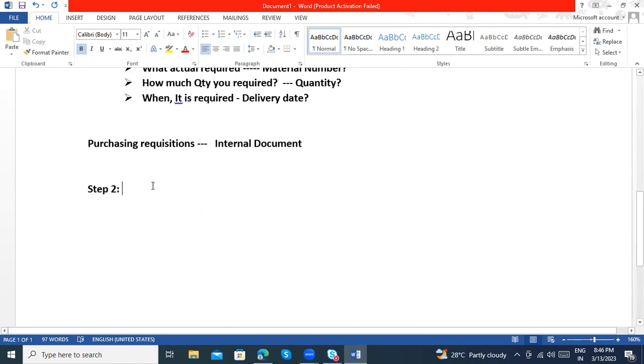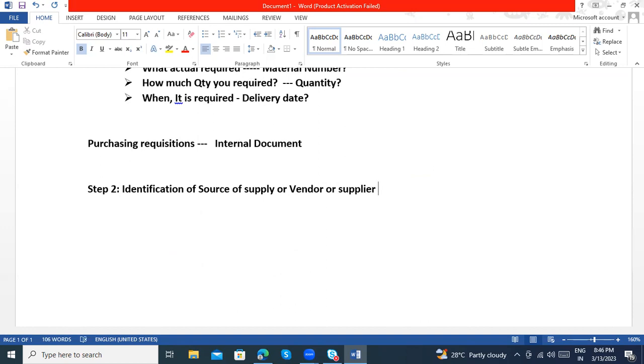What is step 2? I got all the information. Now step 2 is to identify the vendor, that is, identification of source of supply. Source of supply, vendor, or supplier, all are the same. Don't get confused by that. Clear?